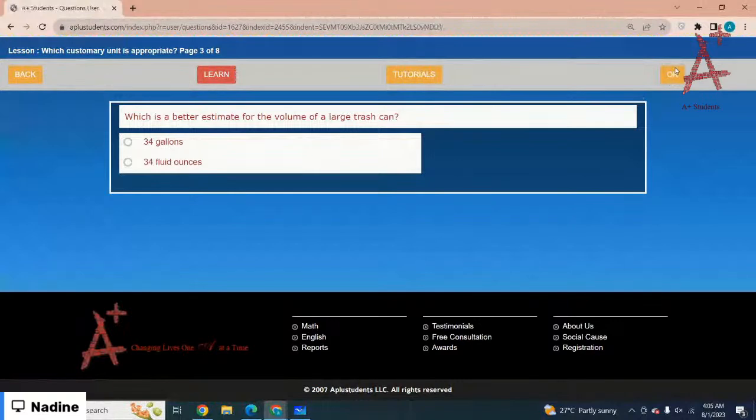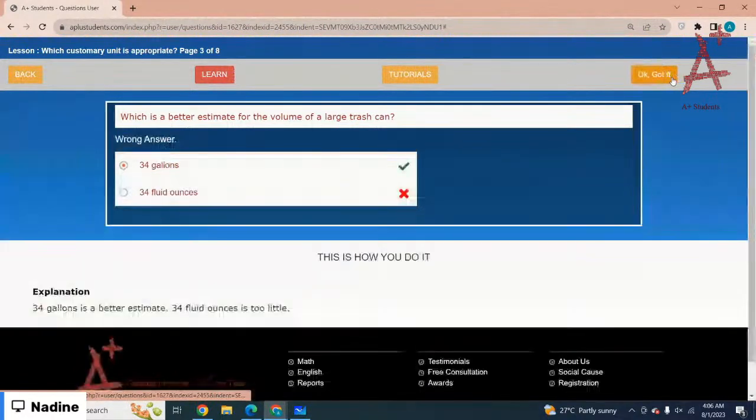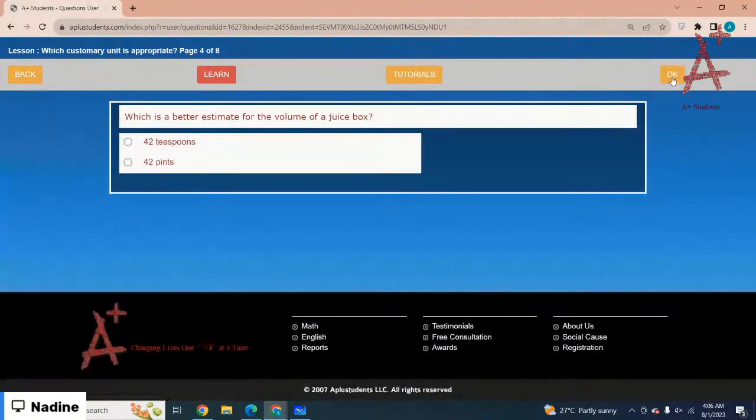Basically, you have to compare these two units and then decide which is the correct option. 1 gallon equals 128 fluid ounces, which means a gallon is a much bigger unit. But 34 fluid ounces is too little for a large trash can, so it would be 34 gallons. The correct option is 34 gallons.